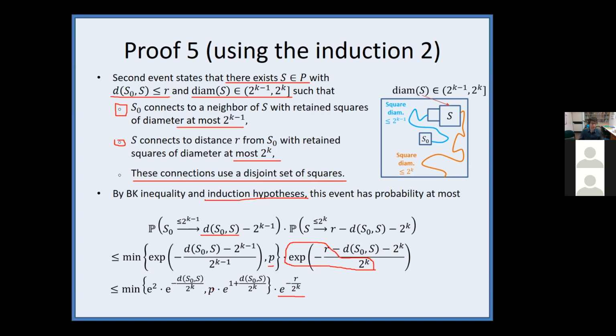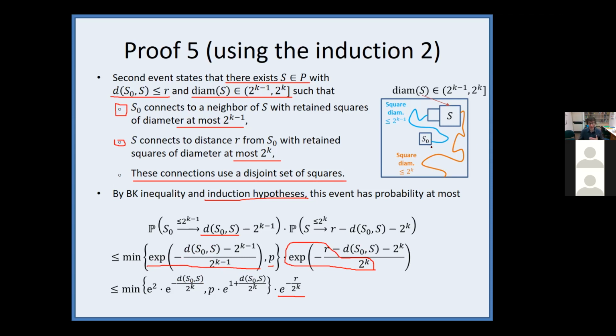And what is interesting to notice is that if I instead use this part of the minimum, because the distance of S naught to S is divided by 2 to the k minus 1 here, and by 2 to the k here, then actually this is larger than that. So actually the distance of S naught and S works to my advantage.